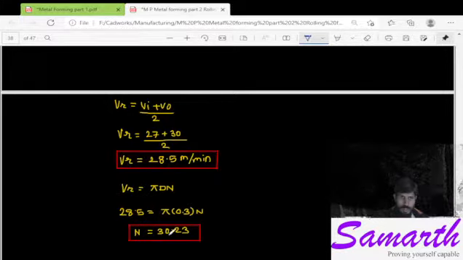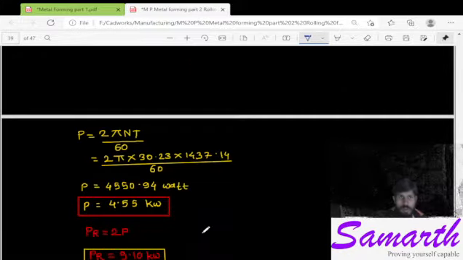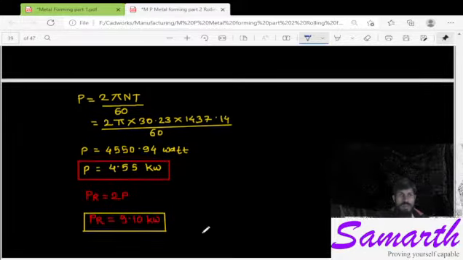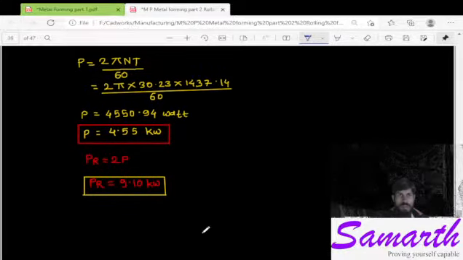So here we are getting N equal to 30.23 RPM. We will put this value of N into 2 pi NT by 60, that is the formula for power. From here we are getting the value for power. We will multiply this value of power with 2 to get the power for the complete rolling operation, that is for both the rollers.